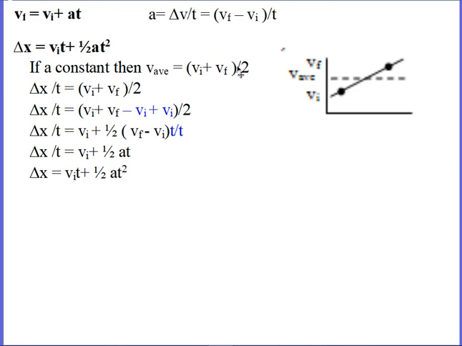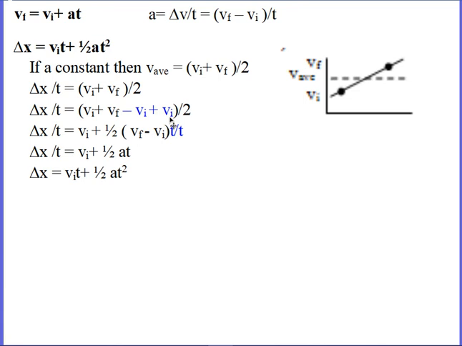And if that is the case, then I can take average velocity and substitute this for it. I'm going to subtract and add initial velocity, a strange thing to do, but I'm just adding 0, so it's legit. And then vi plus vi is 2vi divided by 2. It's just vi. And then you have this 1/2 times v final minus v initial.